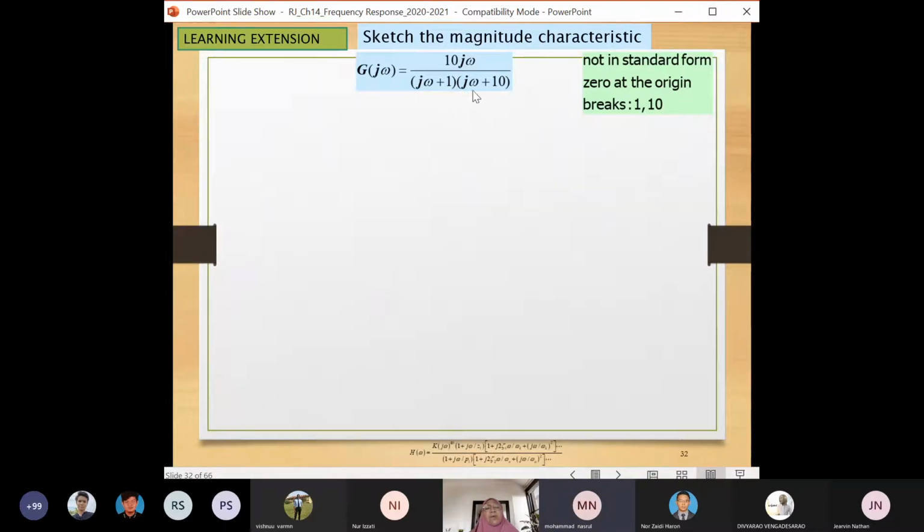But here you want to make this j omega over 10, because the standard form is always j omega over p plus 1. Here you have j omega over 1 plus 1, but this one is j omega over 10 plus 1. When you introduce the 10 at the bottom, it has to be reflected also in the numerator, because you have to multiply top and bottom by 1 over 10.